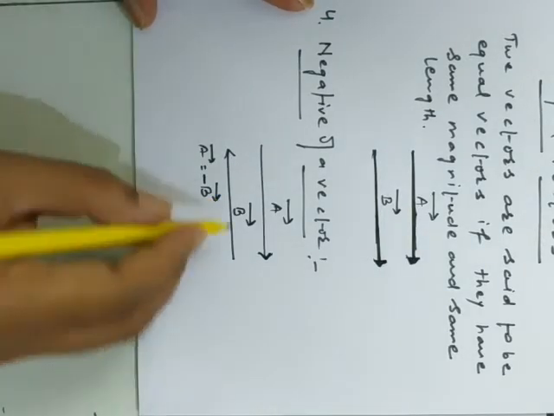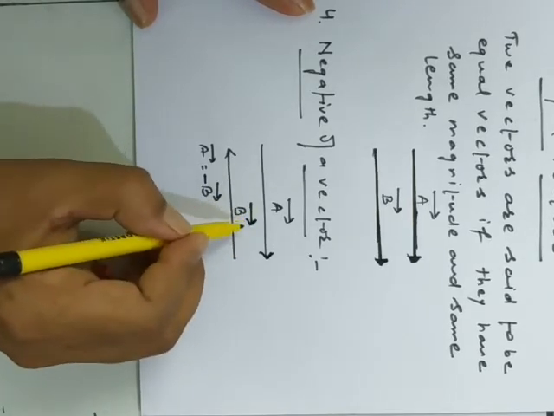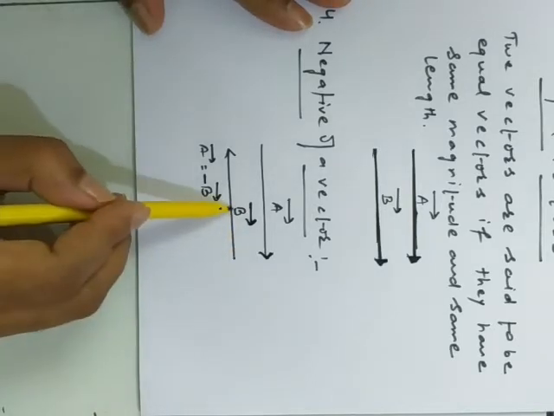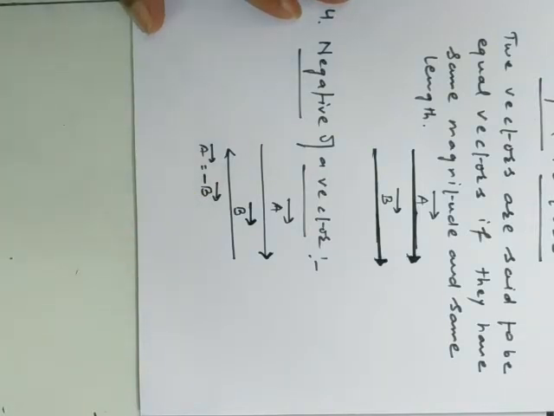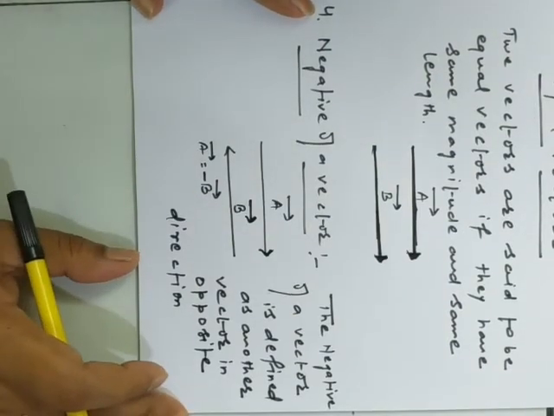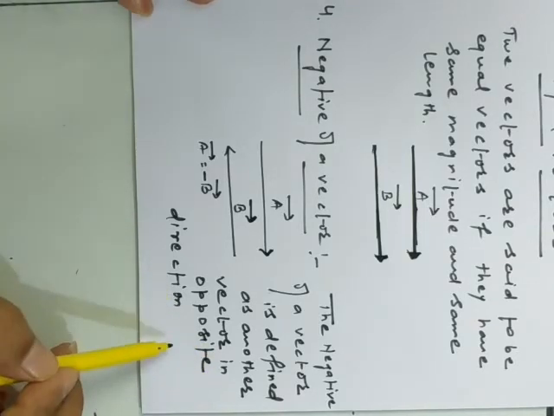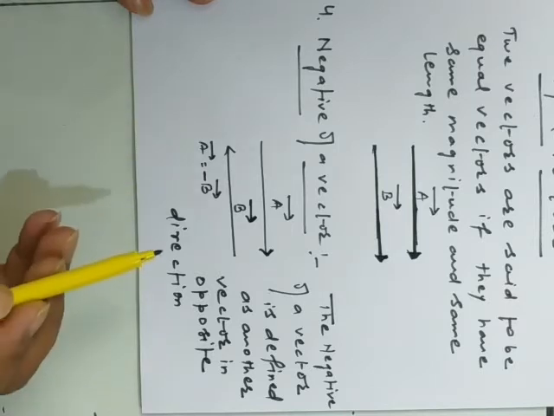Whenever you are reversing the vector, you need to put the arrow in the opposite direction. This is the simplest representation we have. So in general, the negative of a vector is defined as another vector in the opposite direction. So B is the negative vector of A, or vice versa.